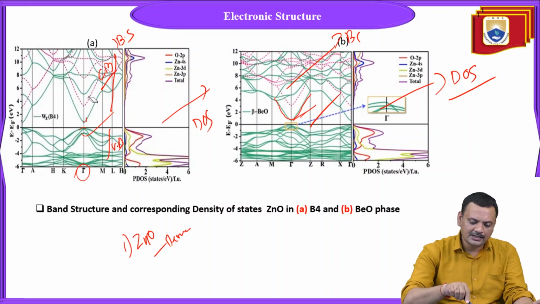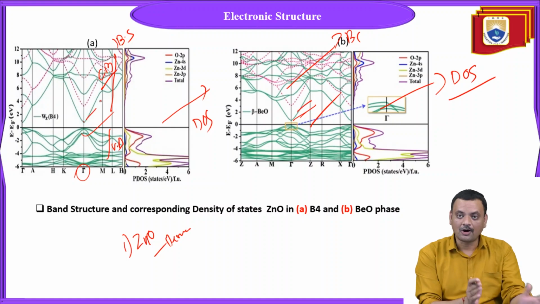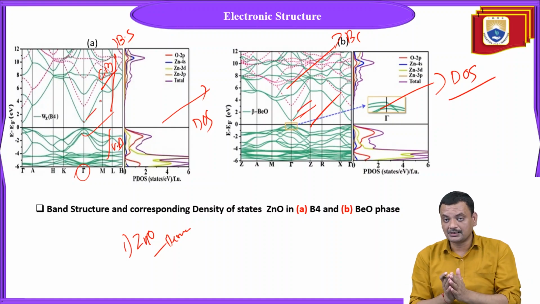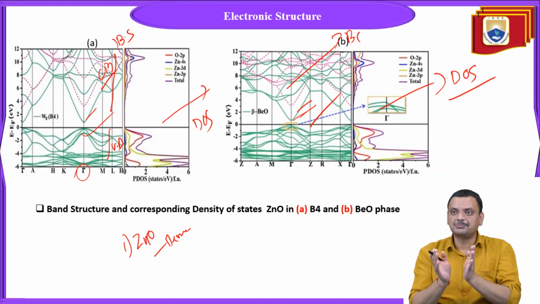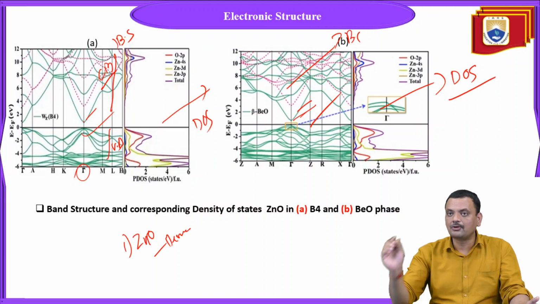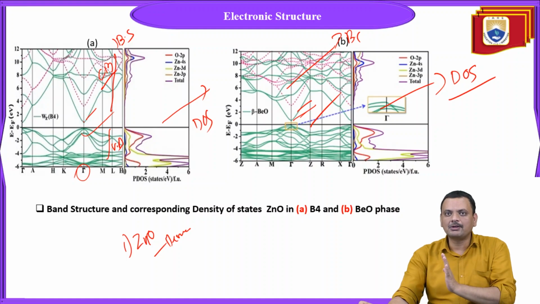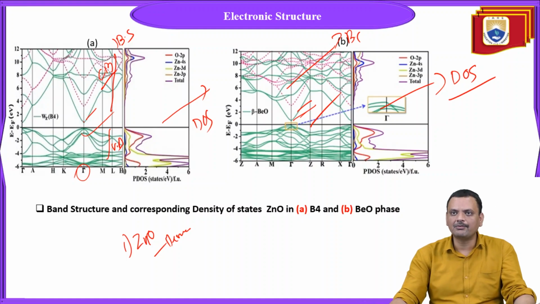How dispersive these curves are, with that you can calculate. If the curves are more dispersive, the effective masses corresponding to those curves will be lower. So your charge carriers will move faster in that direction, and your conductivity will increase.